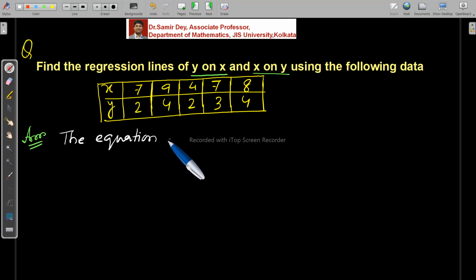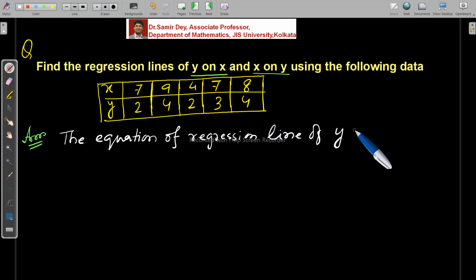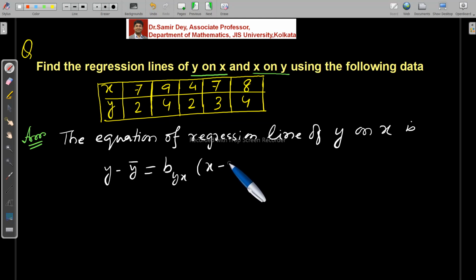First, you write down the equation of regression line of y on x: y minus y bar is equals to b_yx times x minus x bar. Clear?